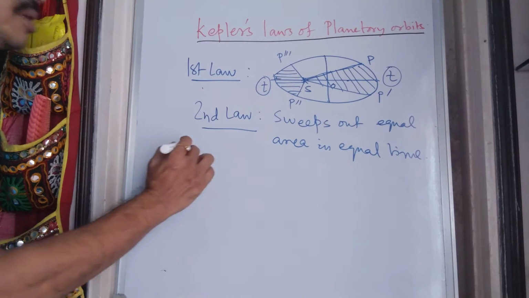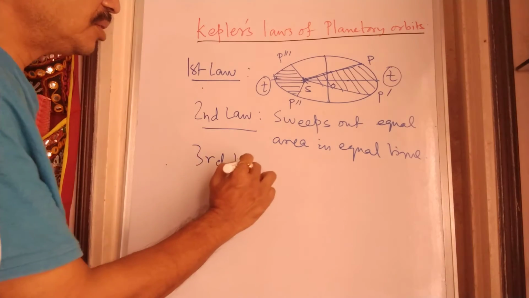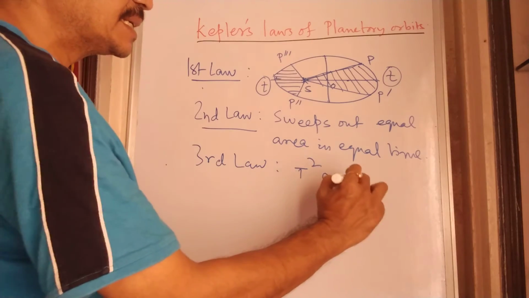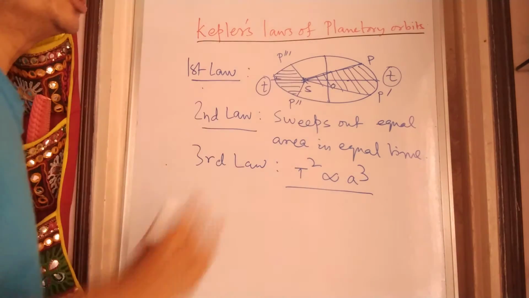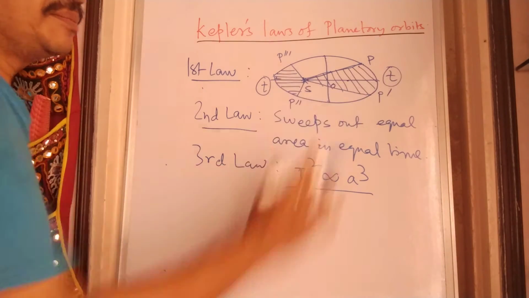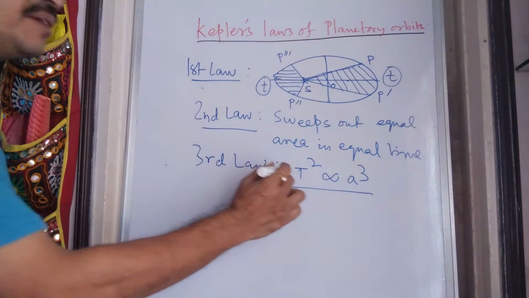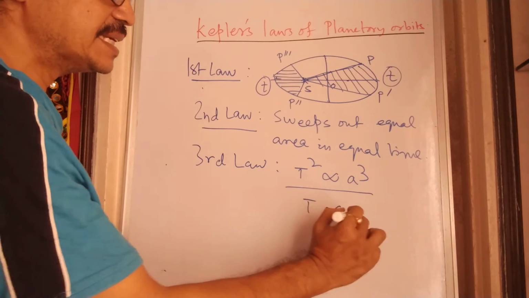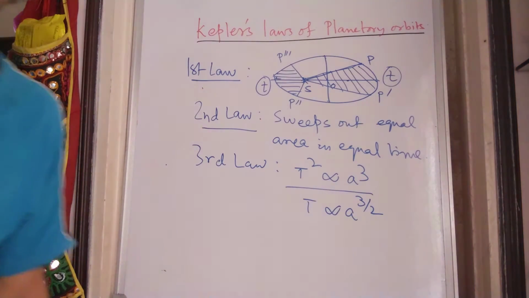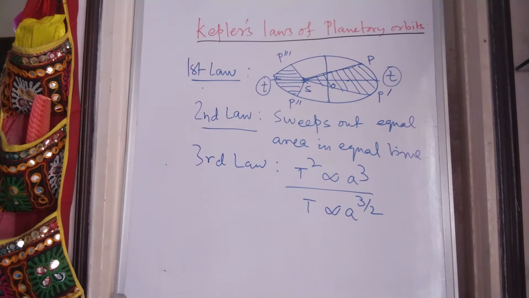Okay, and what about the third law? The third law is very simple. The square of the time period varies as the cube of the semi-major axis. This is the major axis and this is the semi-major axis.